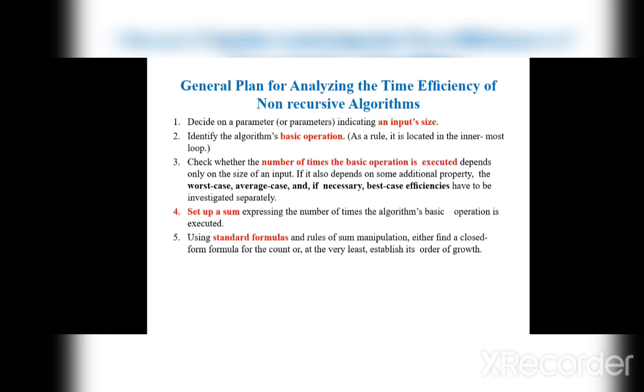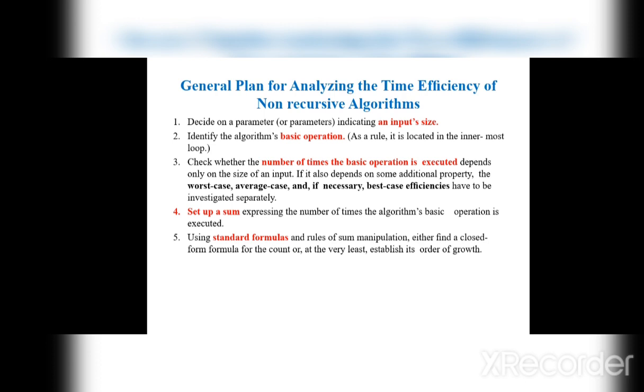The third step is to check the number of times the basic operation is executed. In this third step we have to find how many times that basic operation is going to execute in the whole program. That depends upon the size of the input. It also depends on some additional property: the worst case, average case, and if necessary best case efficiencies have to be investigated separately.